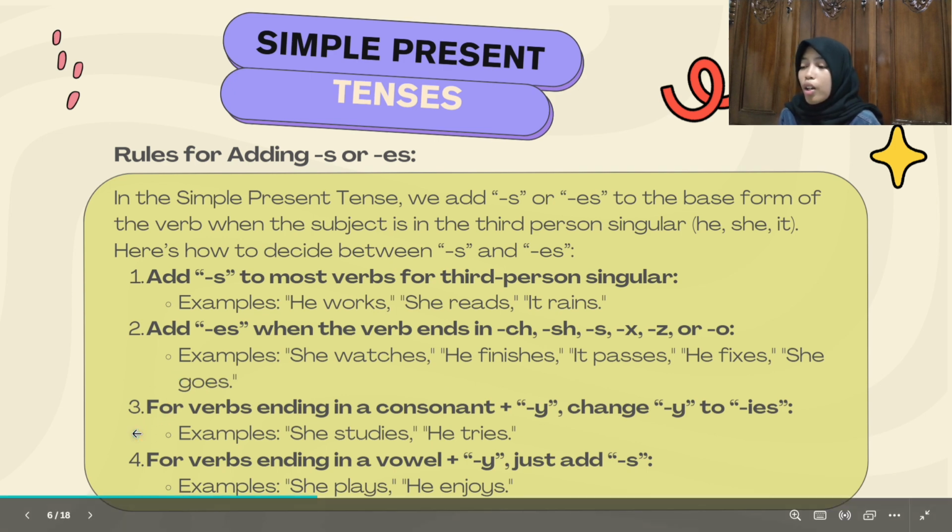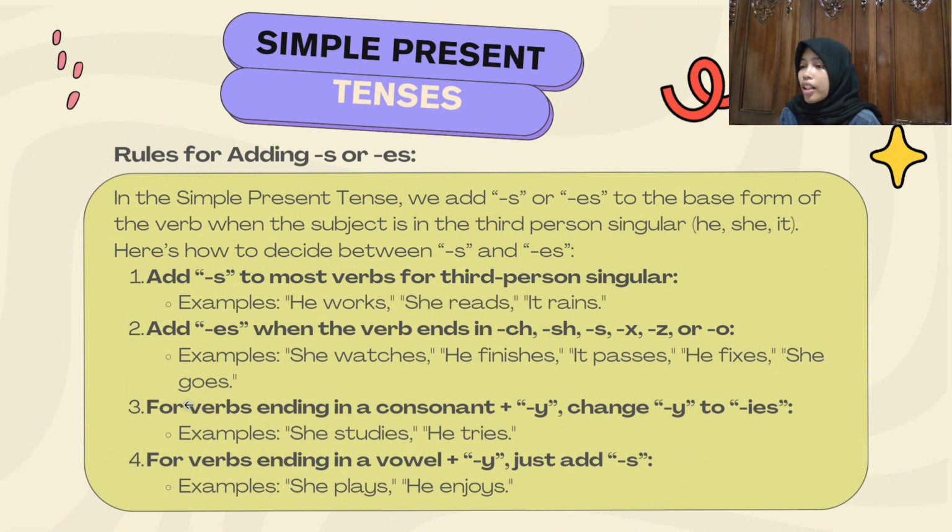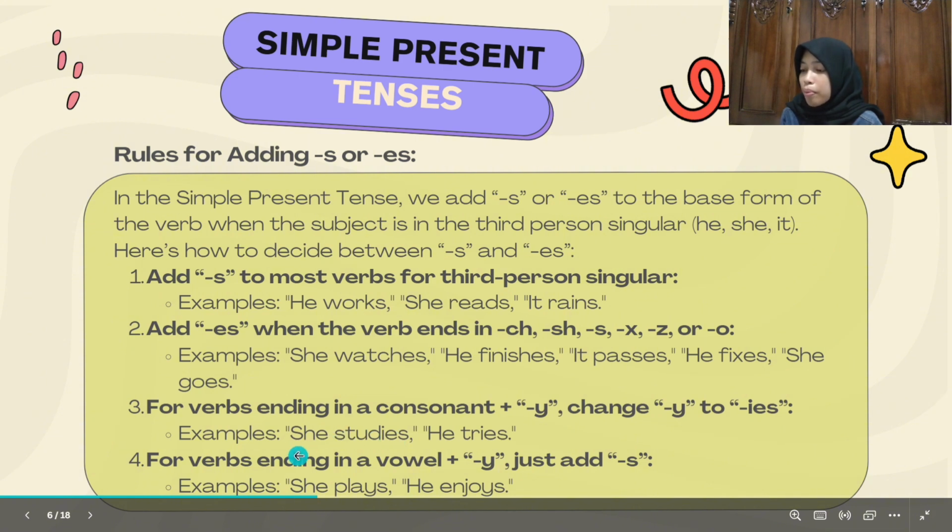Okay, third, for verbs ending in a consonant plus y, change y to ies. Examples: she studies and he tries. The y in here changes to ies. The base verb study becomes studies.